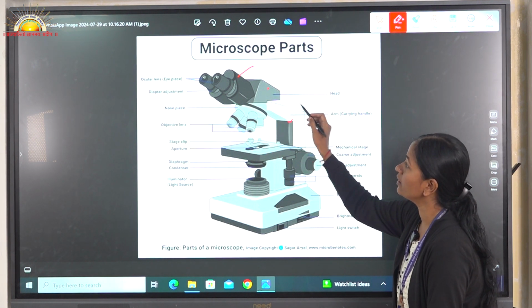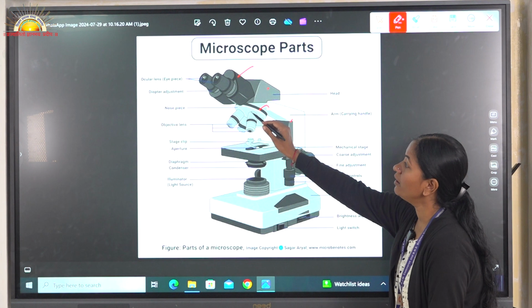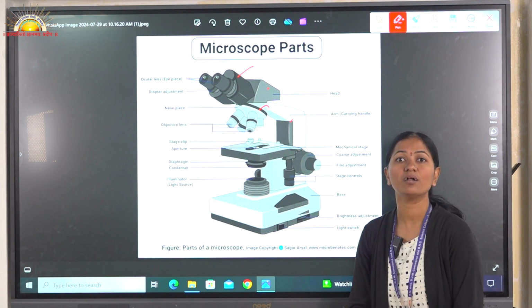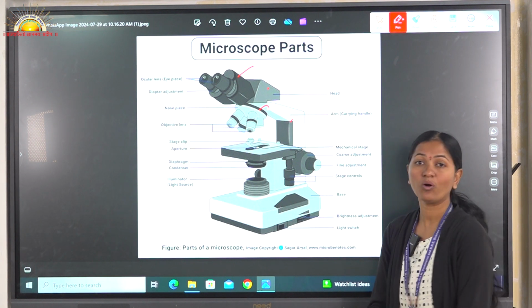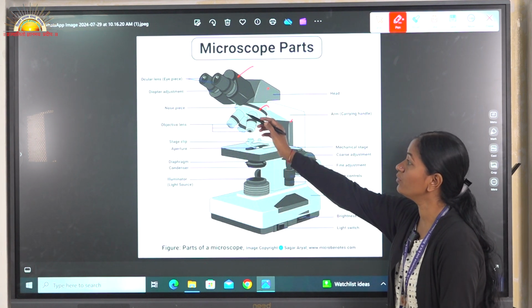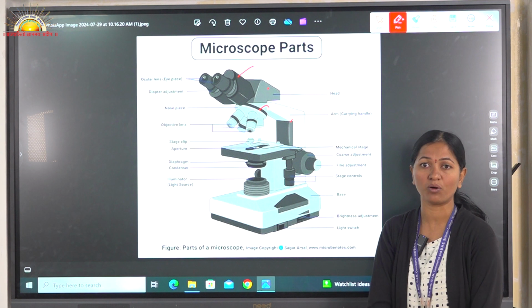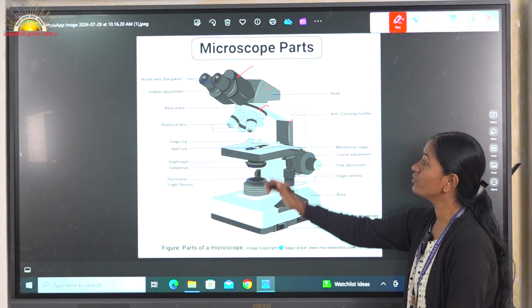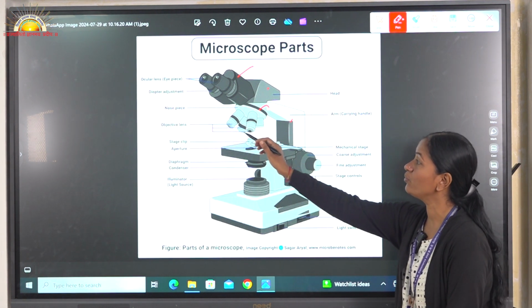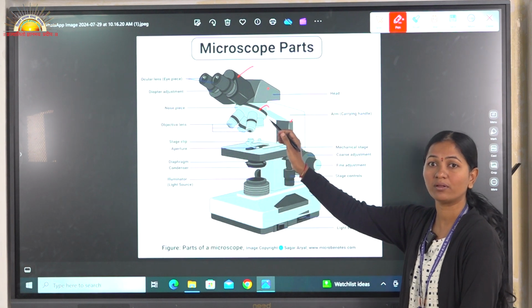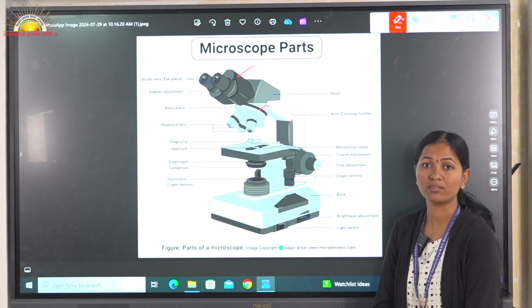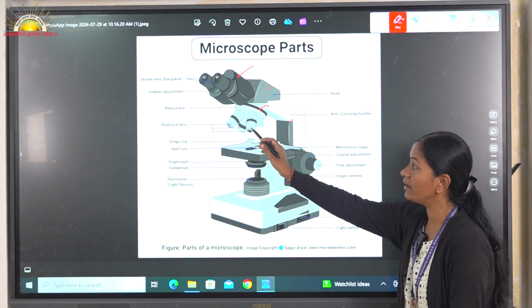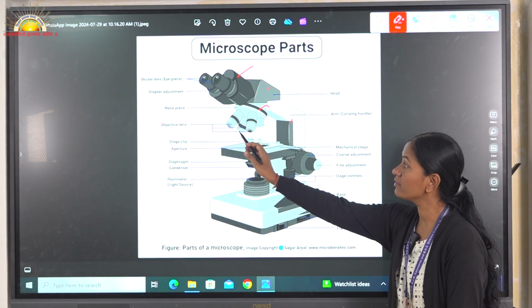Then we see the nose piece. The nose piece is also called the revolving nose piece. It contains three types of objective lenses, which have different magnification powers, like 10x and 45x.